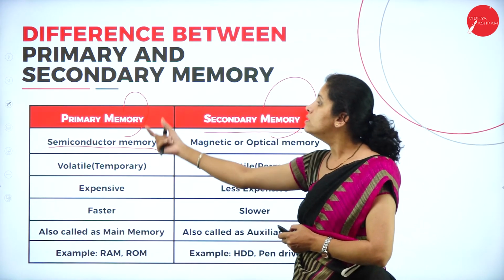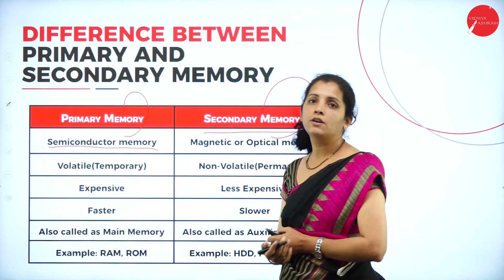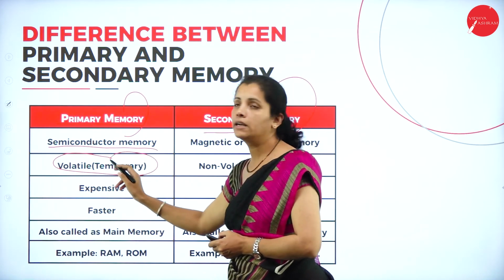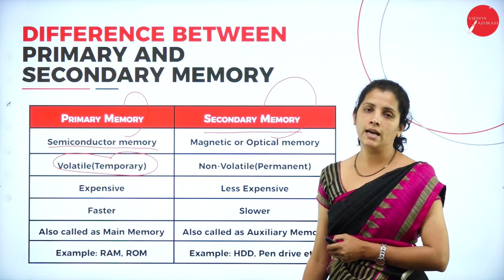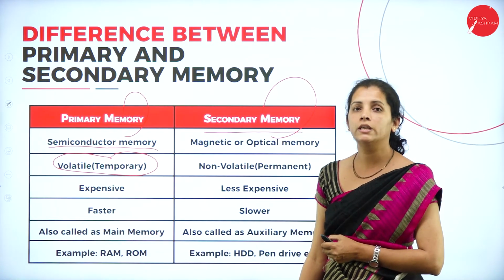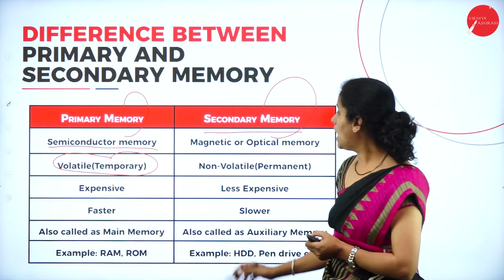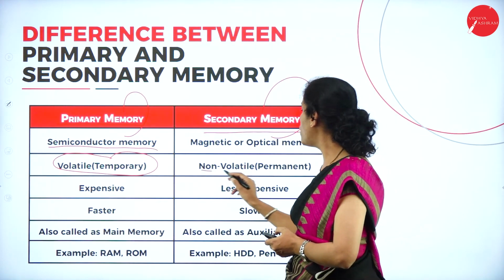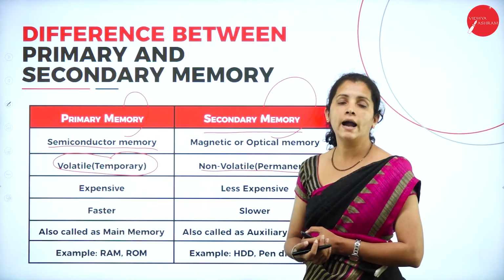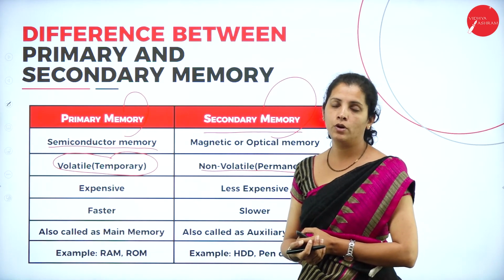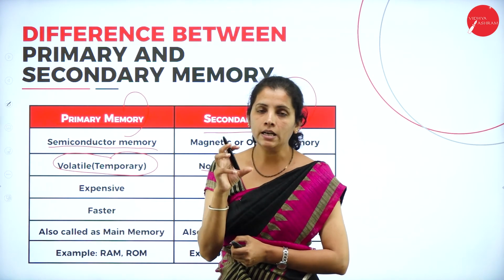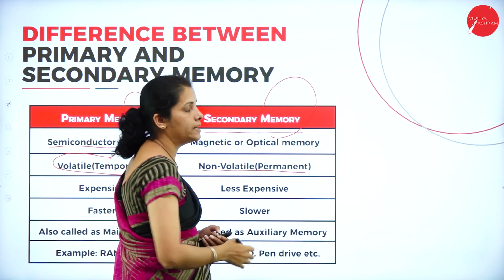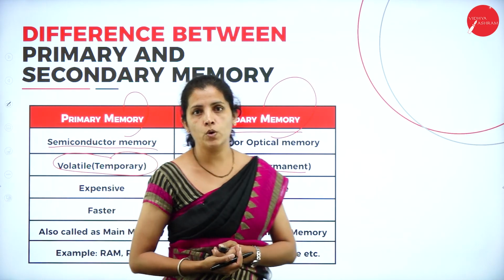The primary memory is always volatile memory, that is nothing but temporary memory, which means I can store the data temporarily. Secondary memory is called non-volatile memory and it is permanent memory. That means whatever data I store in my secondary memory is treated as permanent.